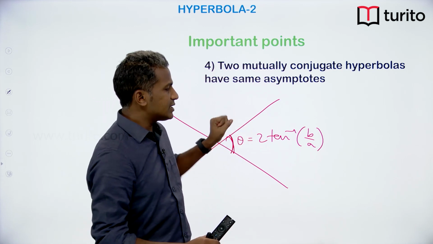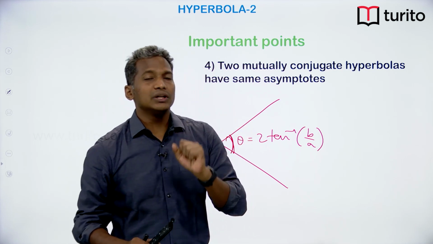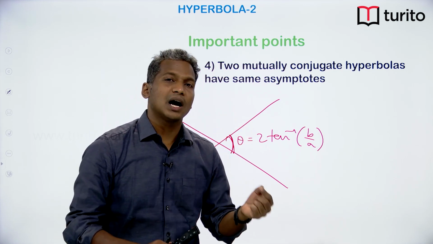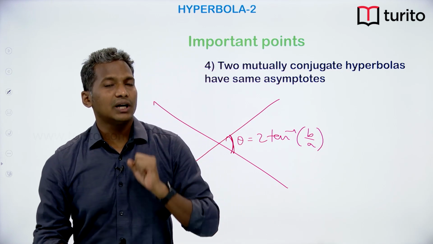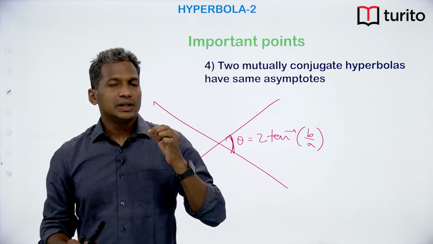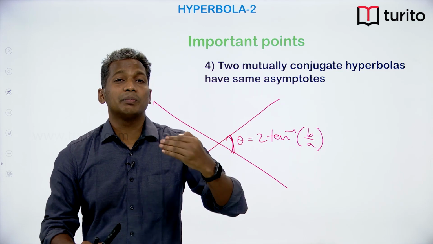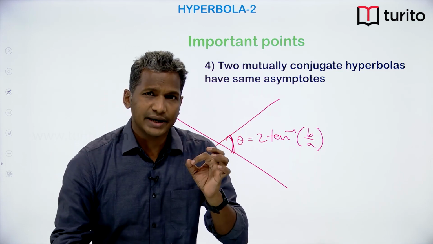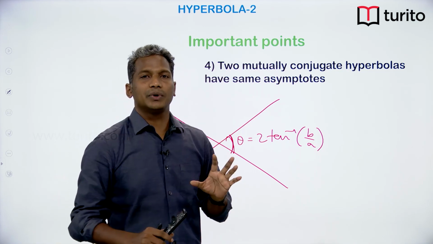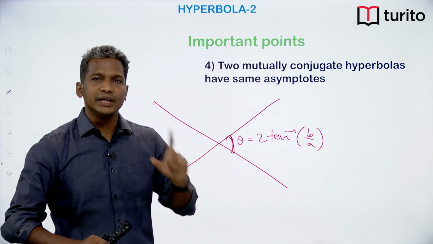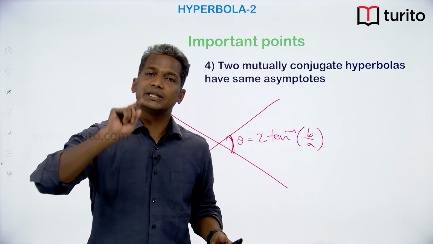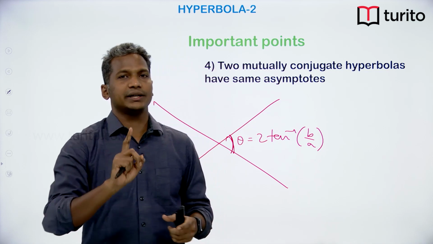So, these two asymptotes form a rectangular system there, that is why the hyperbola is called a rectangular hyperbola. So, this is what should come to your mind as the first idea when it comes to rectangular hyperbola. Rectangular hyperbola means the angle between asymptotes is 90 degrees, that is the first idea.